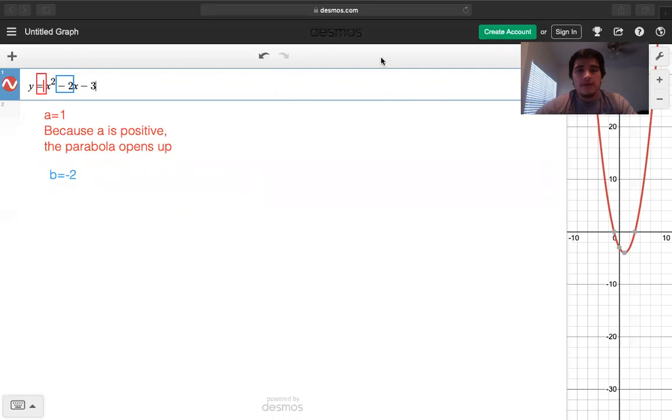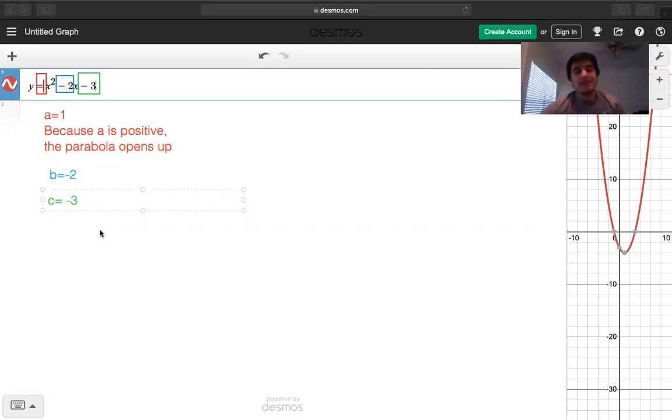And then finally we get to C. C is whatever's in the back with the sign. Make sure you keep the sign. So that tells me that C equals -3, because see, it's -3.